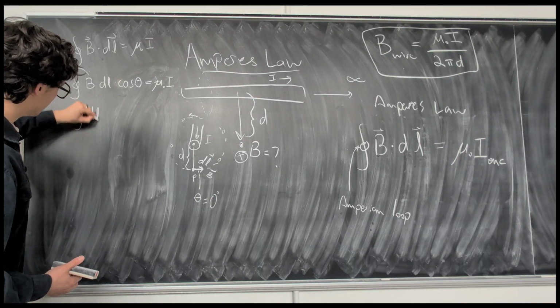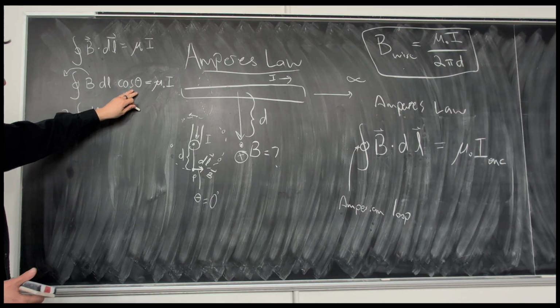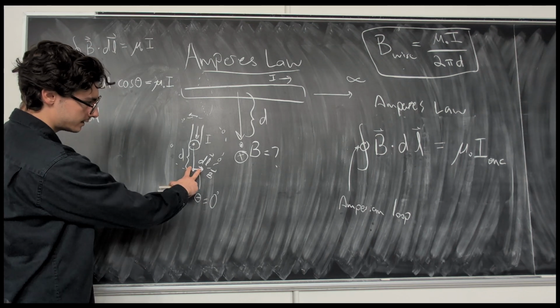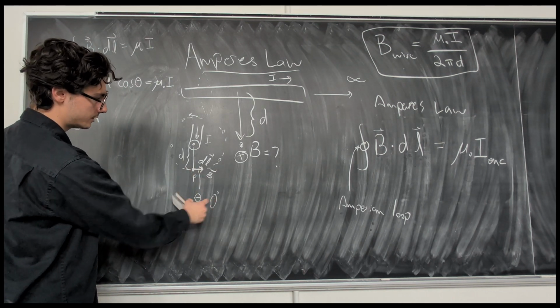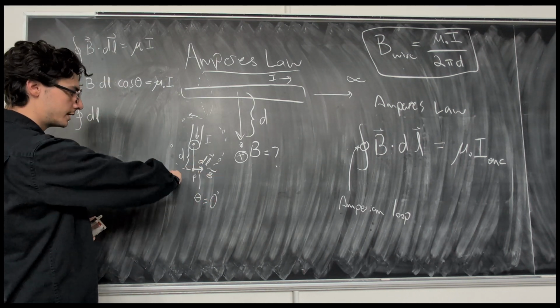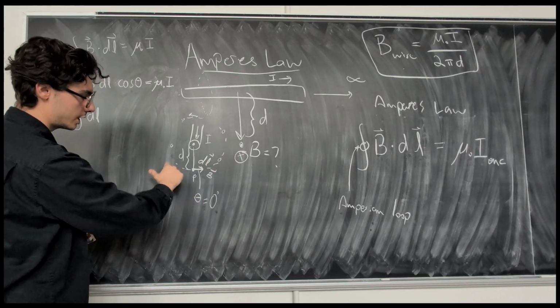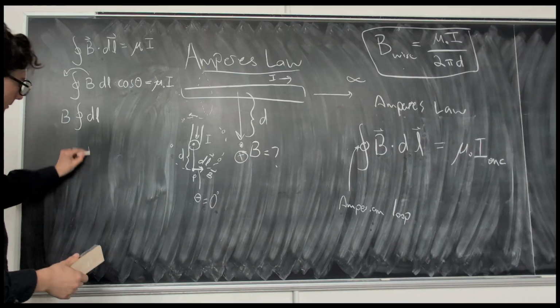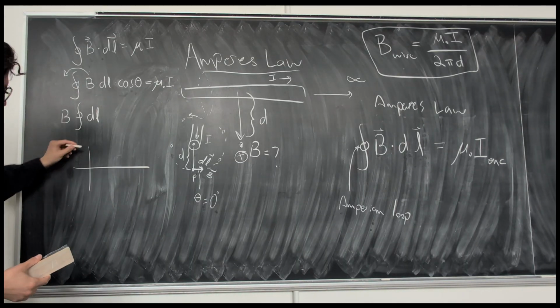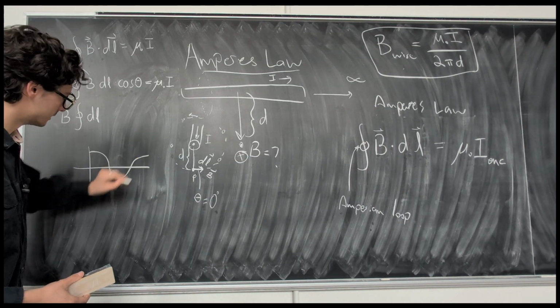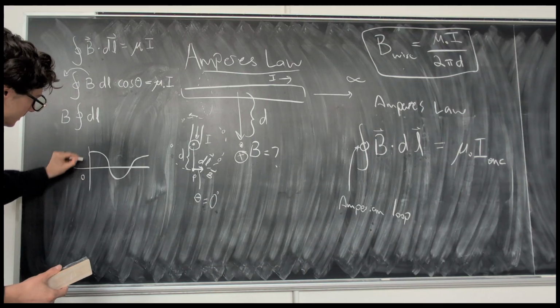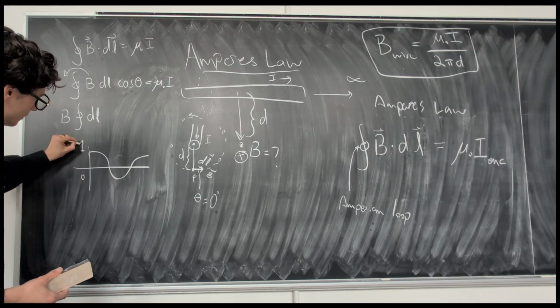Integral dl. Another thing I can do is check cosine theta. I told you that the way I defined it, theta is 0 degrees. If I defined dl to be pointing the other way, with B pointing this way, the angle would change to 180 degrees. That doesn't matter because, well, it does matter actually. Cosine starts here, it goes like this. At 0 degrees, cosine is exactly 1.